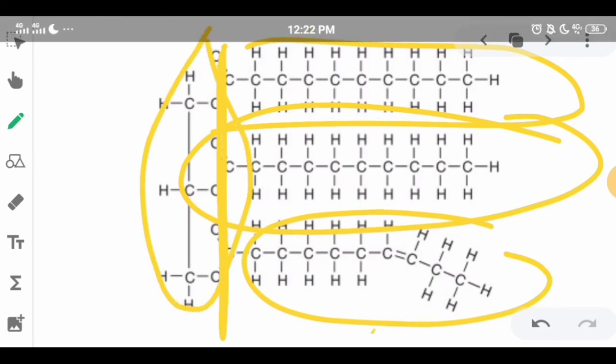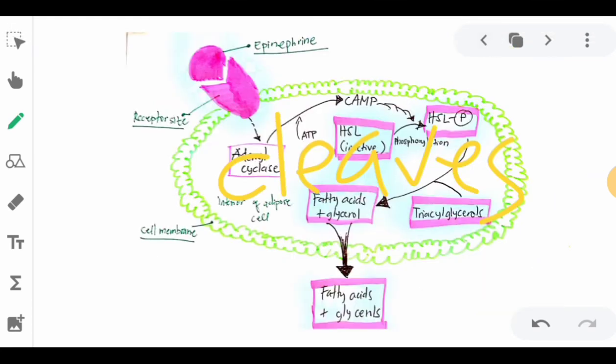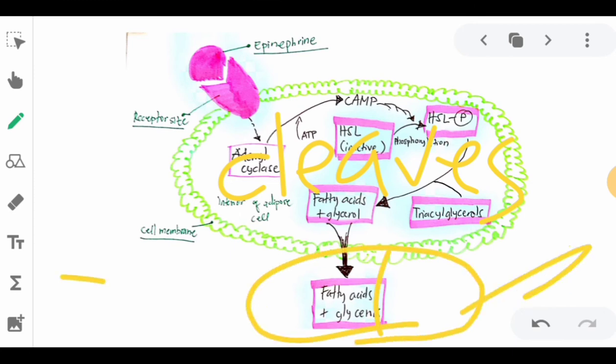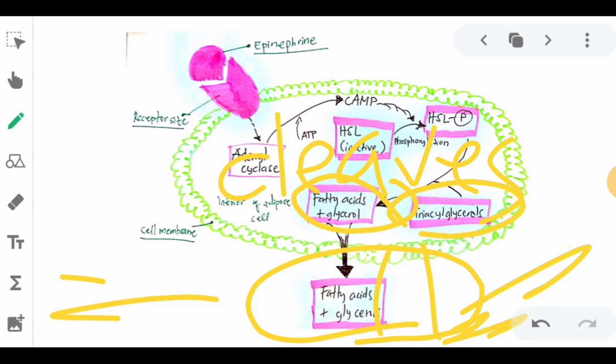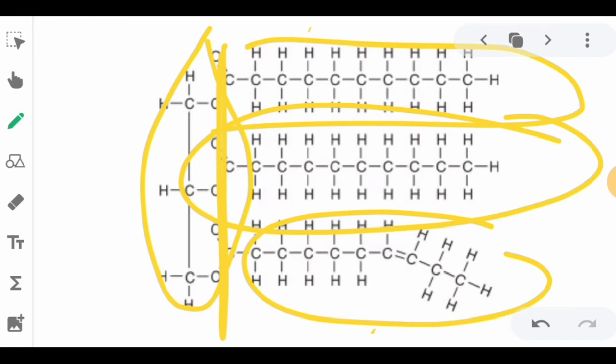When the cleavage occurs, there will be a release of fatty acids and glycerol in the bloodstream. So this is the bloodstream, and when the triacylglycerol has been cleaved, it will release them into the bloodstream. That is how the hormonal interaction and enzymatic reaction inside the adipose tissue will tap the energy source of triacylglycerol.